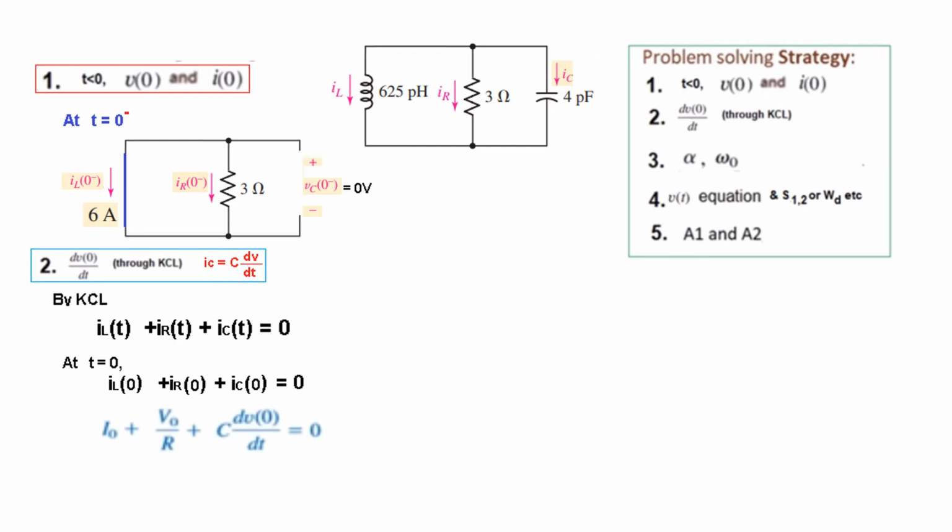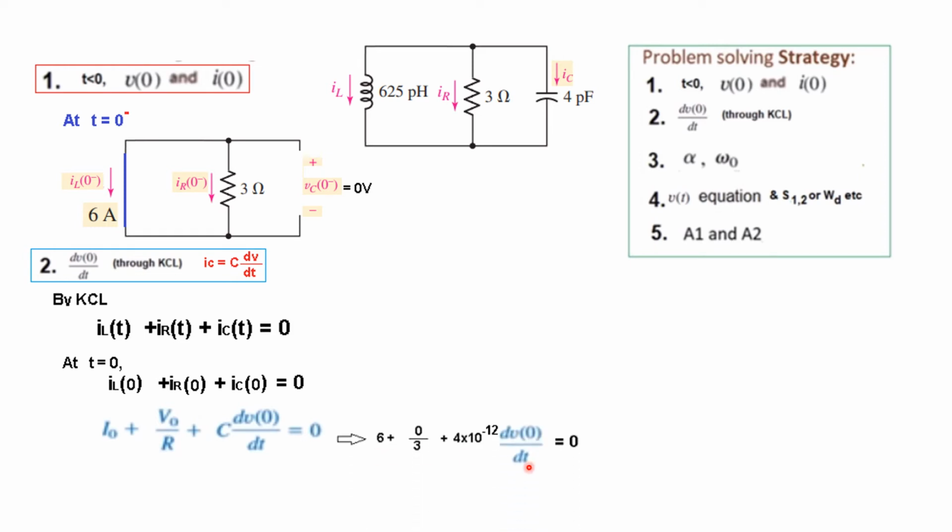From here, this we can also write as I0. IR(0) will be V0 over R. As I mentioned, the voltage across the capacitor is VC or V0, V out, and the same voltage is also across the other elements. Since we are interested in this current IR, IR is V0 divided by R, and this IC is C dV0/dt.